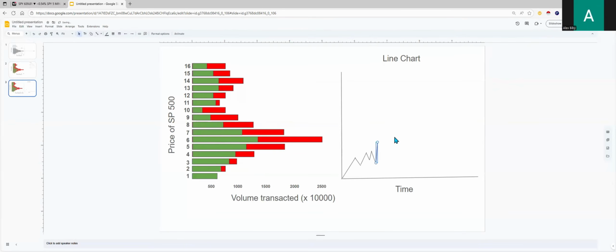But overall, we are still moving up. And price might stay there for a little bit because this is the heaviest area where we're having the most volume. Most of the business is going to be transacted around the point of control.